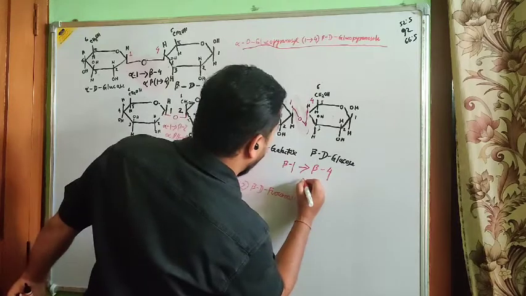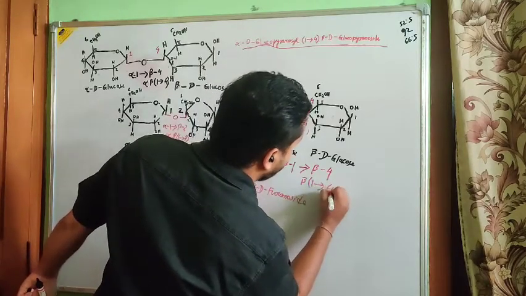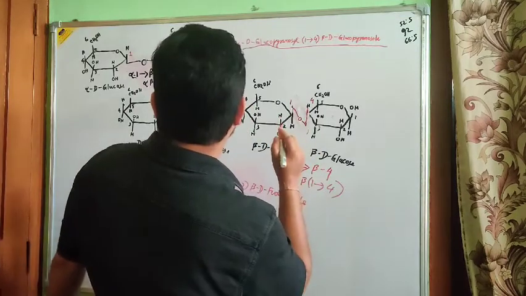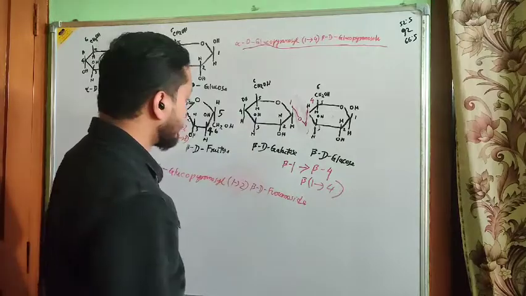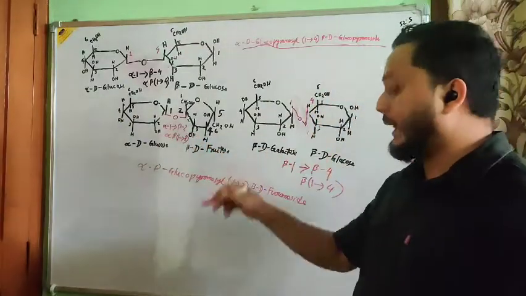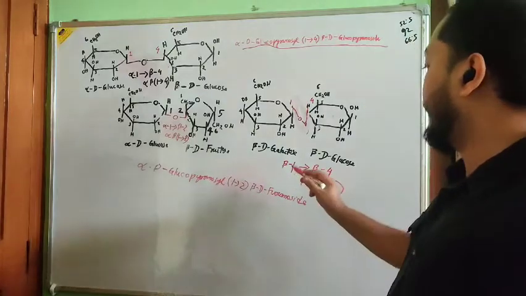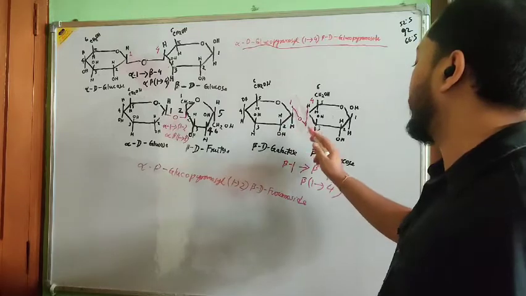Glycosidic linkage, or you can simply write it as beta 1 to 4 glycosidic linkage. And nomenclature will be beta D galactopyranosyl.